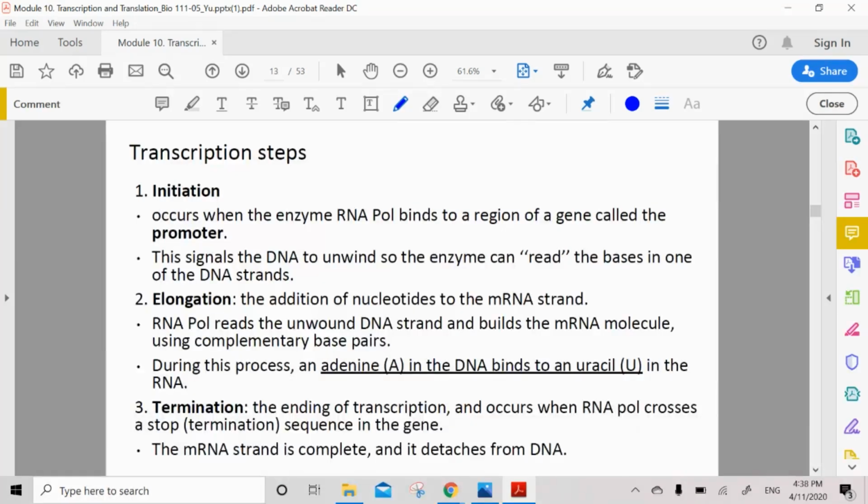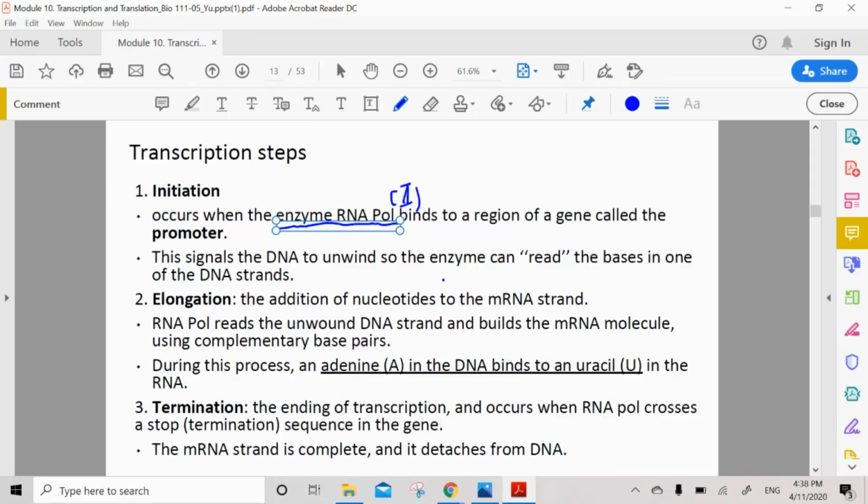Here there's a picture and some description over here. Let me point out a few things. In order for initiation to take place, for transcription to begin, you have to have RNA polymerase. And remember, for eukaryotes, the one that makes mRNA is polymerase number 2.